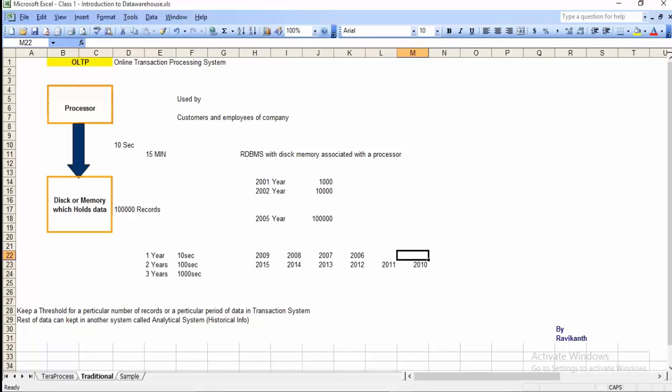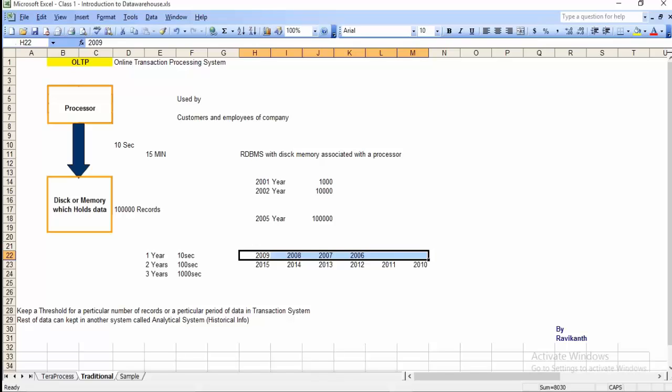Now, what happens to the rest of the historical data depends on the business. Sometimes a few business companies need 30 years of the data in production. It depends on the business; it's a vague example I'm giving. So what about this historical data?